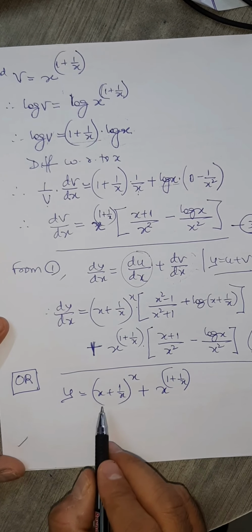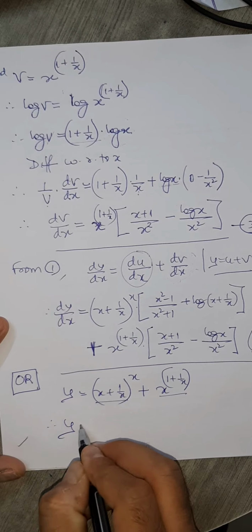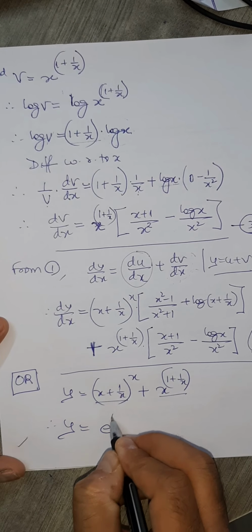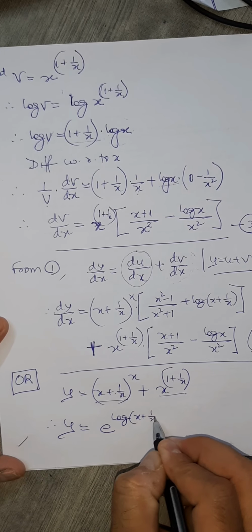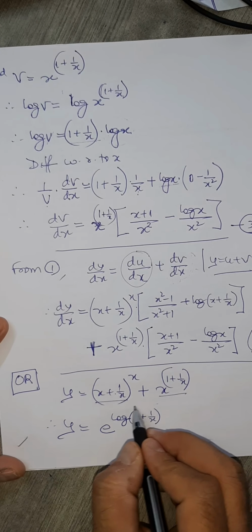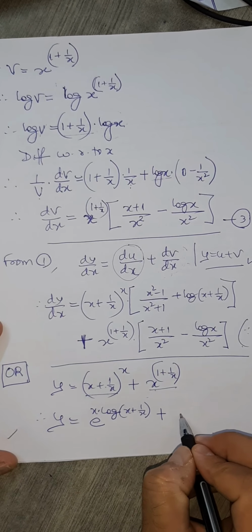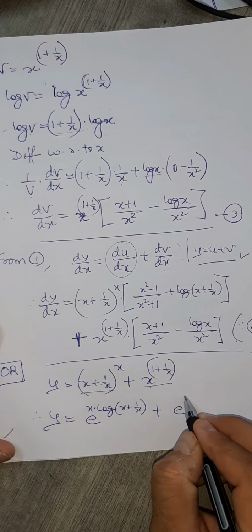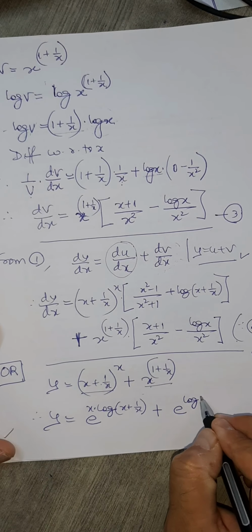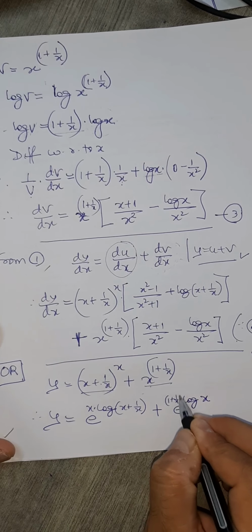Now what I'll do, I'll express this and this both in the form of e. So y equals e raised to log of this expression, x plus 1 upon x, and this x I'll take directly here in the product, plus e raised to log of the given expression, that is x raised to this, and that power again I'll take in the product.